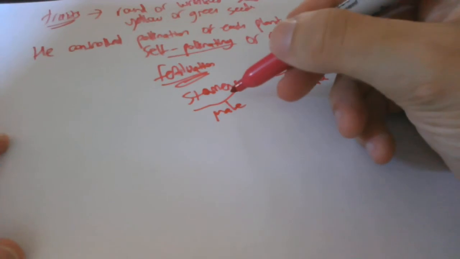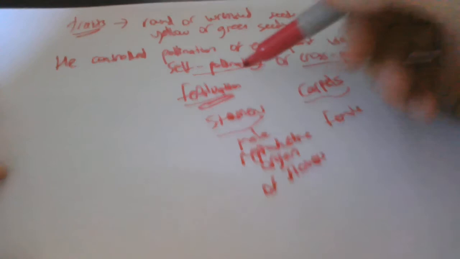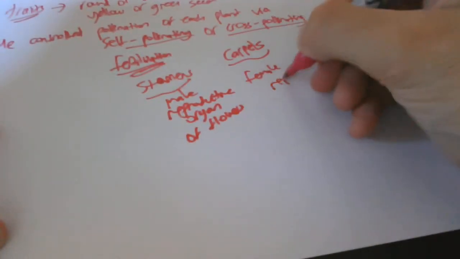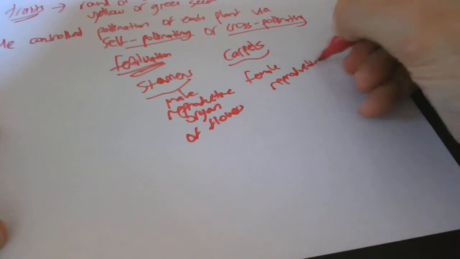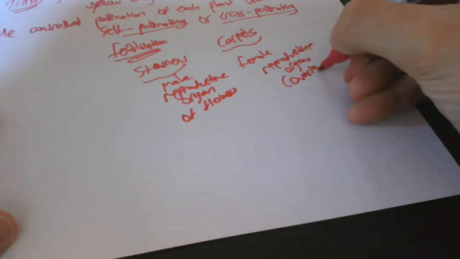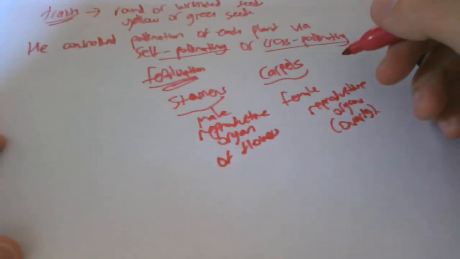Stamens are the male reproductive organ of flowers. They produce the pollen, thus we get the word pollination. Carpels are the female reproductive organs of a flower, the ovary, as is the case for humans.